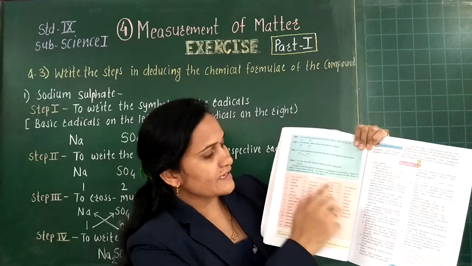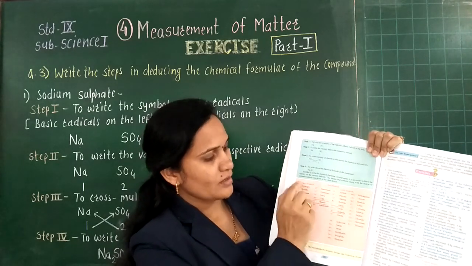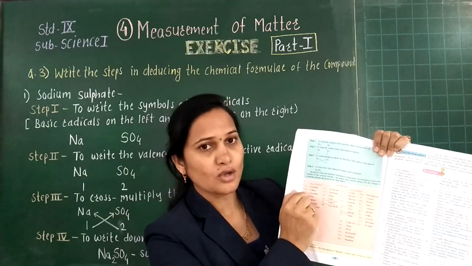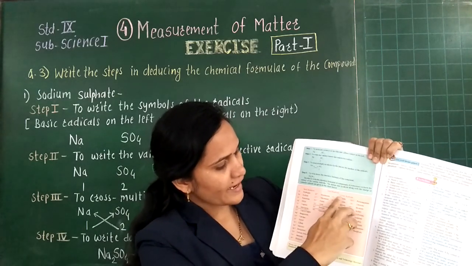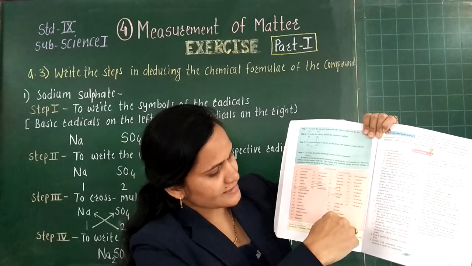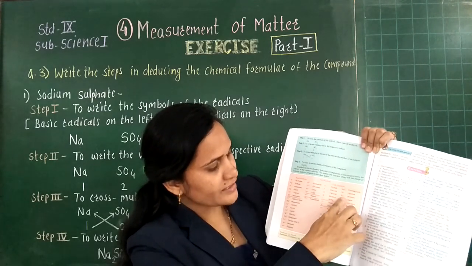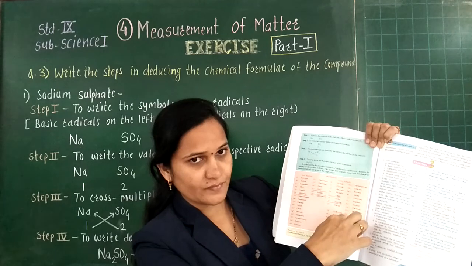Here are basic radicals and acidic radicals. Basic radicals means having a positive charge. These radicals are written on this side, and acidic radicals are written on this side, having the negative charge upon them.